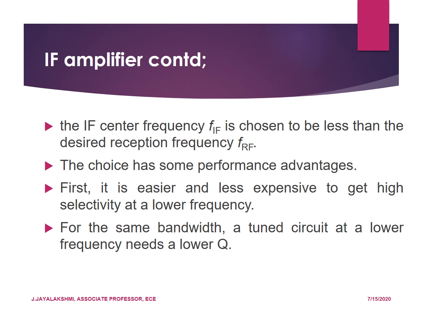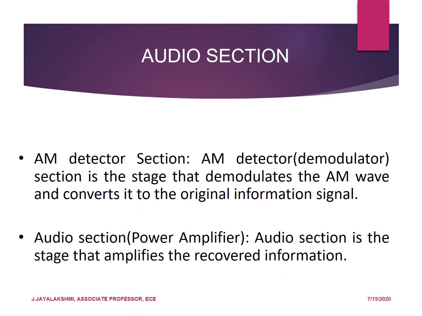And if the center frequency is chosen to be less than the desired frequency FRF, it has some performance advantages, and it is easier and less expensive to get high selectivity at the lower frequency. And for the same bandwidth, a tuned circuit at a lower frequency needs a lower Q value. So these are a few advantages if you choose the IF to be lower when compared to the desired frequency FRF.